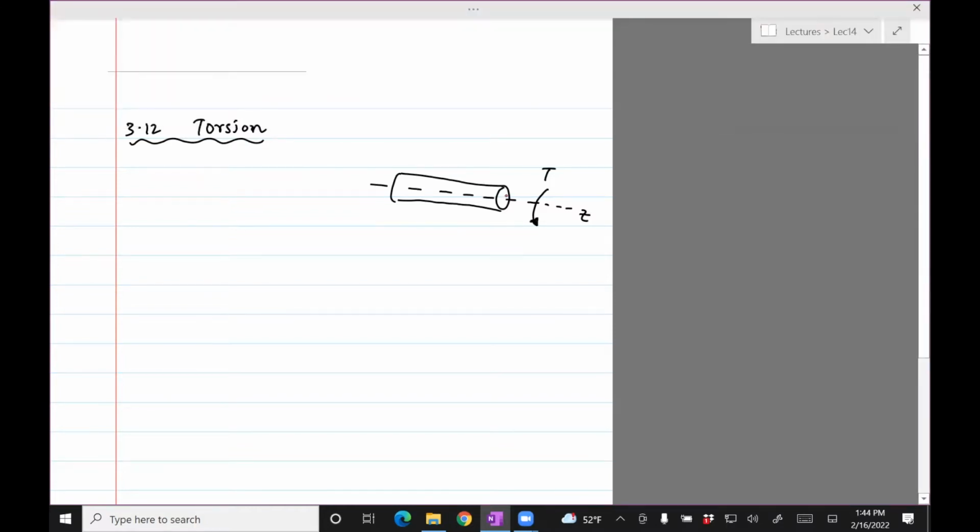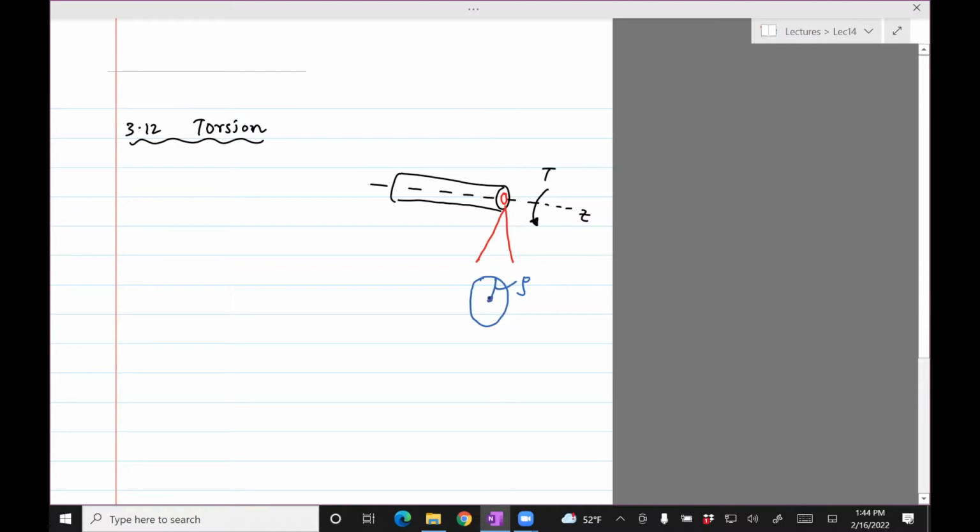Okay, so let's think of a small cross section. I'm going to blow this up. This thing is at a distance of rho.